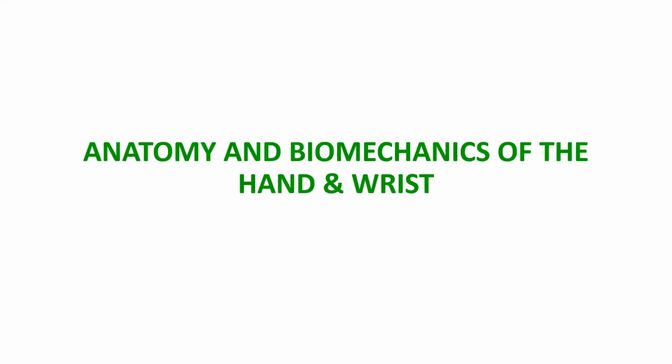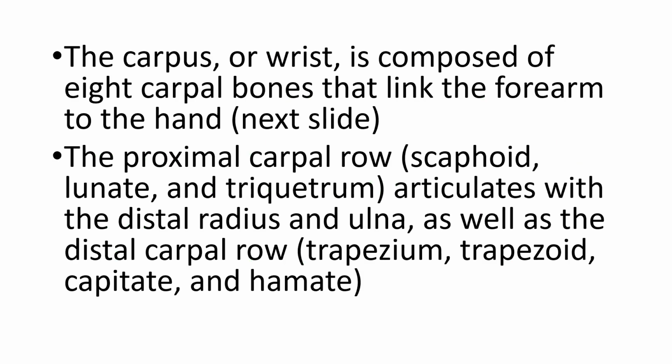Anatomy and biomechanics of the hand and wrist. The carpus, or wrist, is composed of 8 carpal bones that link the forearm to the hand.